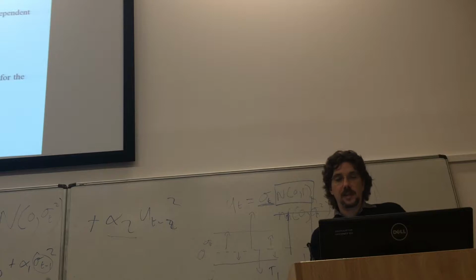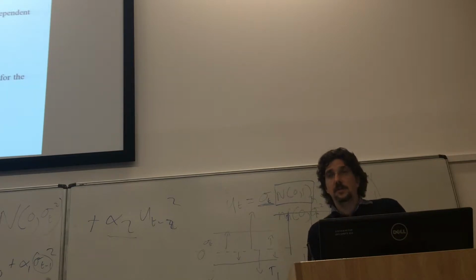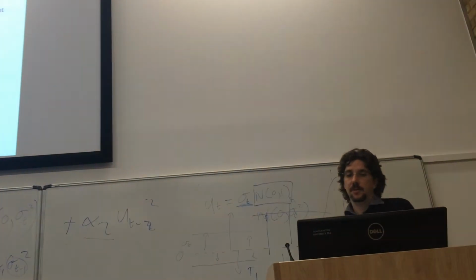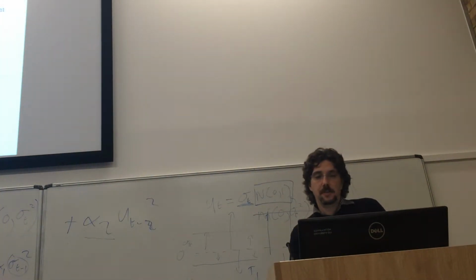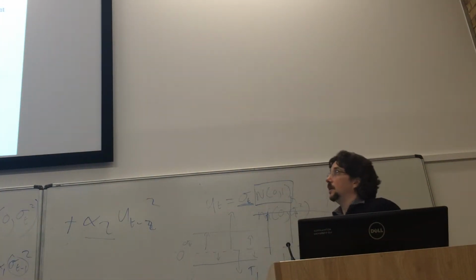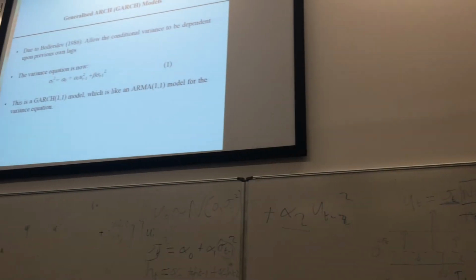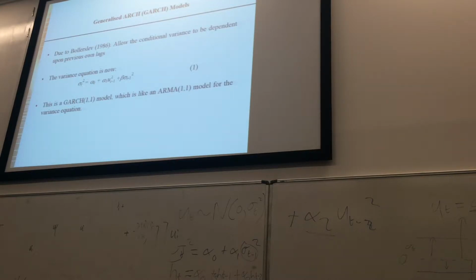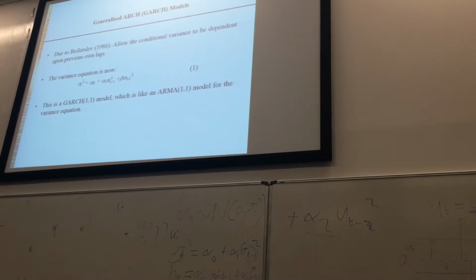We saw before that the MA was using lagged versions of the shock in the linear regression, and in this case, it's basically a lagged version of the shock squared, u of t minus 1 squared. So Garch models are very much like ARMA models, and we're going to do both in the lab today. You're going to fit ARMA models in eViews, and you're going to fit Garch models as well.